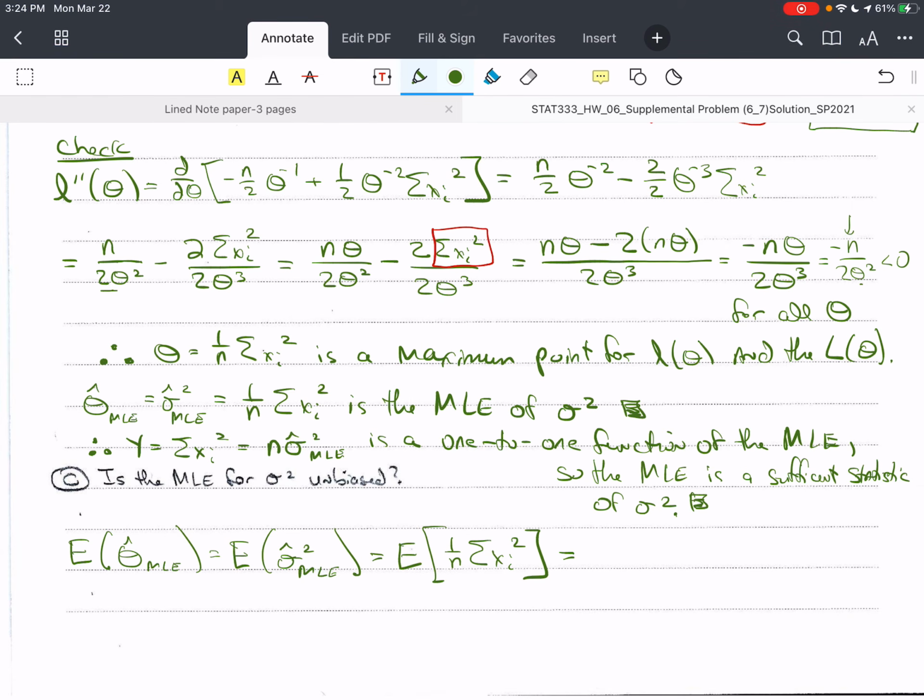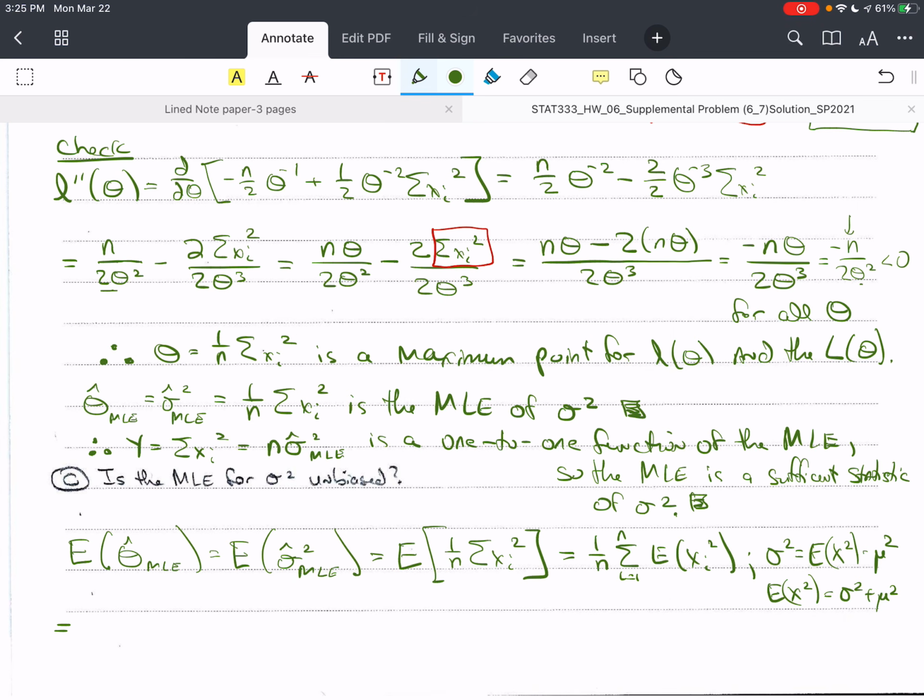So what I can do is I can pull the constant out, and then remember that the expected value of the sum is the sum of the expected value. So how we figure this out is that σ squared equals EX squared minus μ squared. EX squared equals σ squared plus μ squared. I'm going to make that substitution.